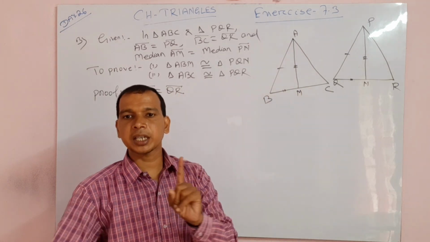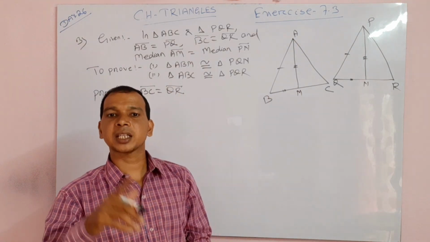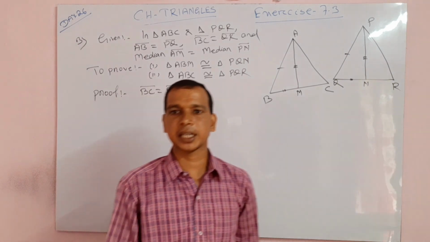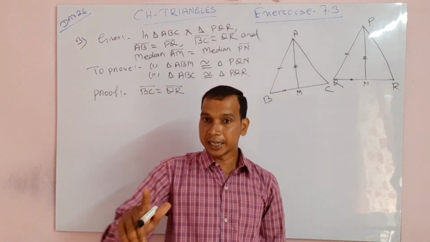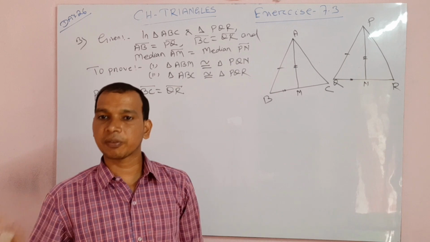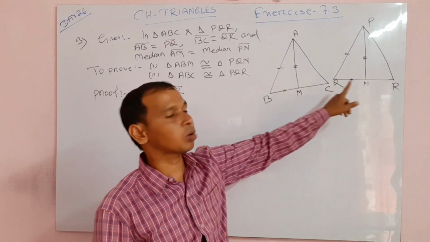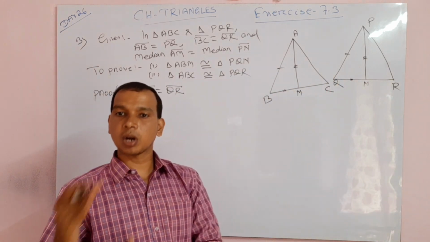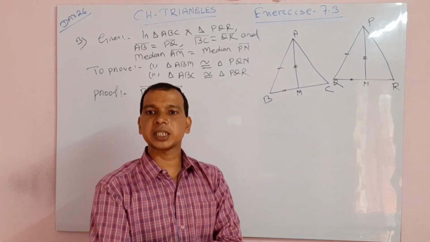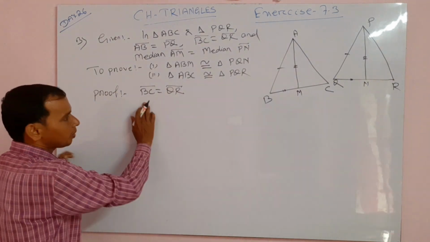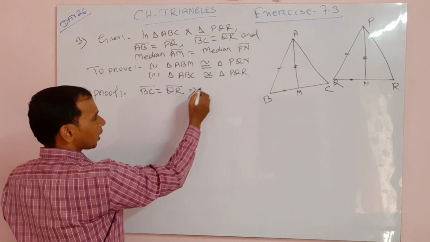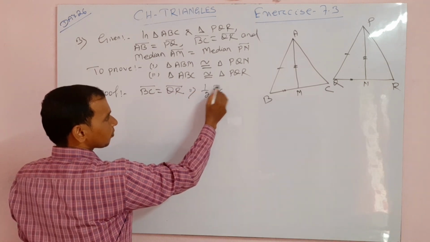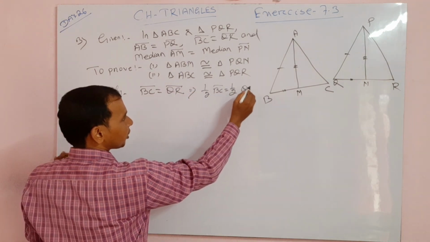Indirectly, a median bisects the base. So here BC equal to QR. As BC equal to QR, half of BC is equal with half of QR.